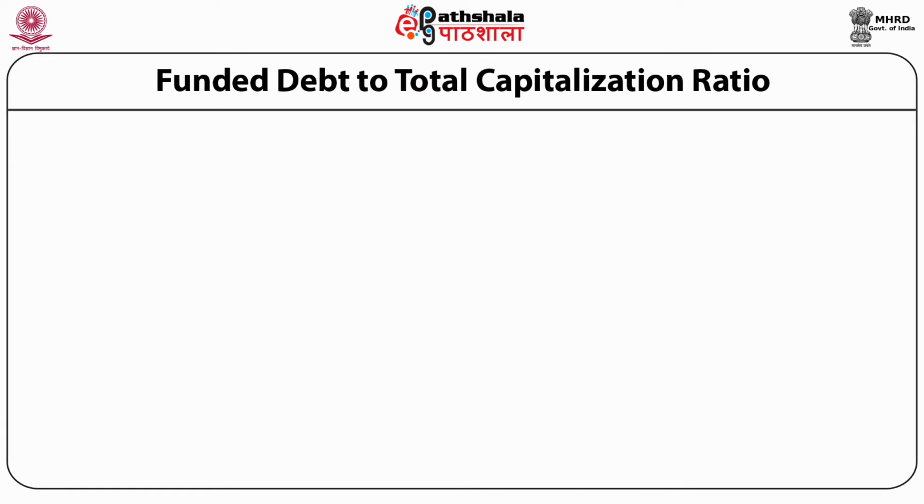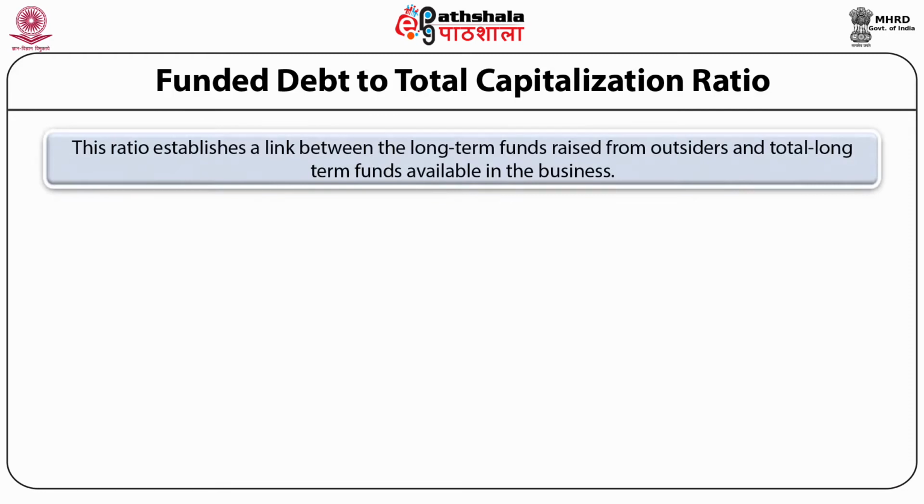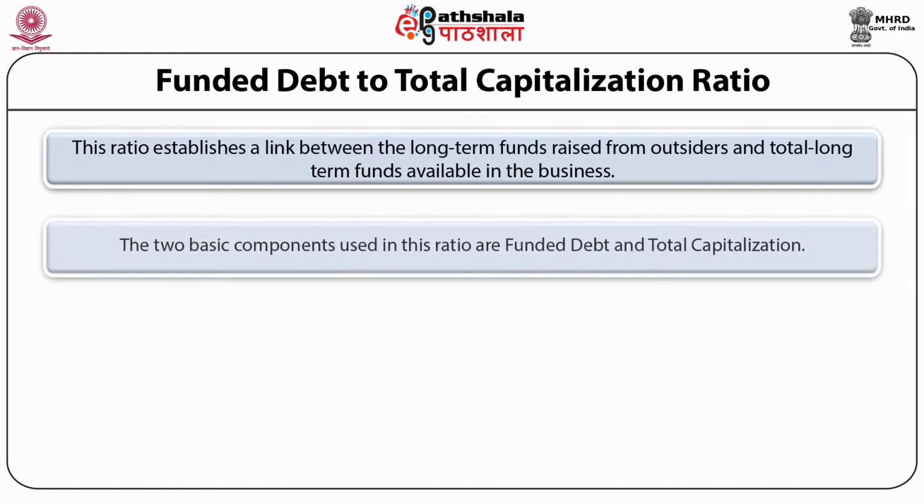Second type of solvency ratio is funded debt to total capitalization ratio. It establishes a link between long-term funds raised from outsiders and total long-term funds available in the business. The two components used in this ratio are funded debt and total capitalization.